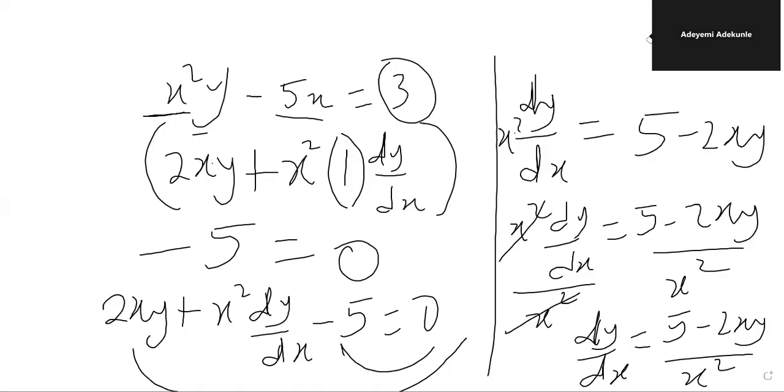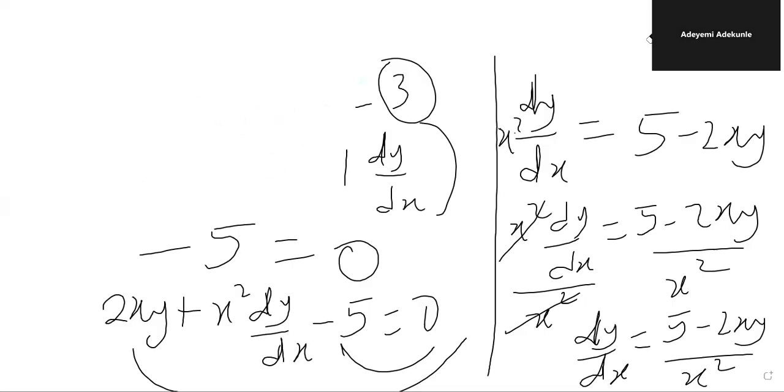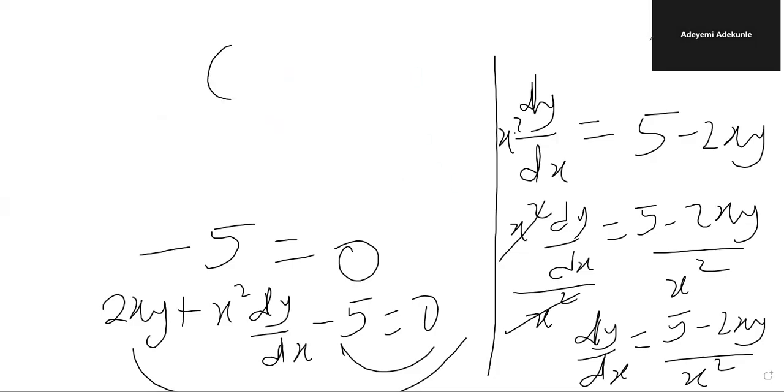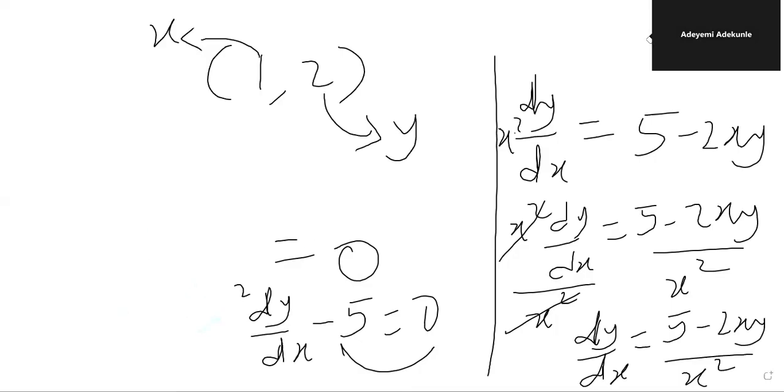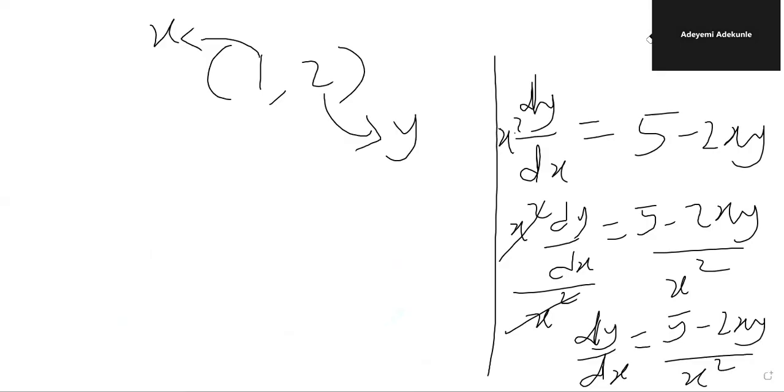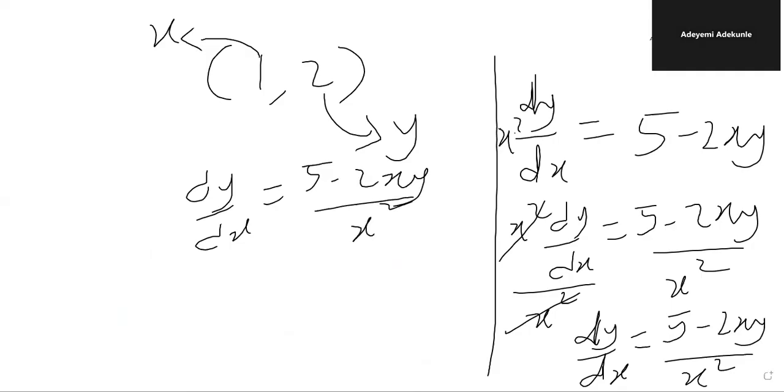The question can continue further to ask what the dy dx will be at a particular point. They can give you a particular point, for instance, point 1, 2. What I mean by that is anywhere you see x, you put 1, and anywhere you see y, you put 2. X comma y. So once you get to this final answer, dy dx equals 5 minus 2xy over x squared, just input x equals 1 and y equals 2.